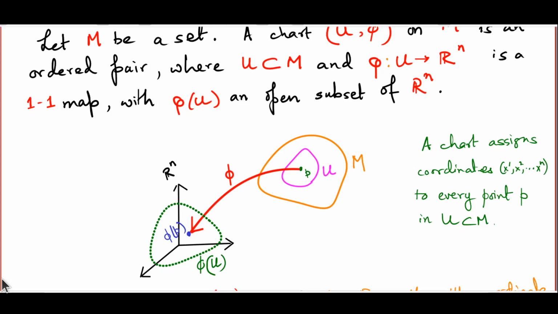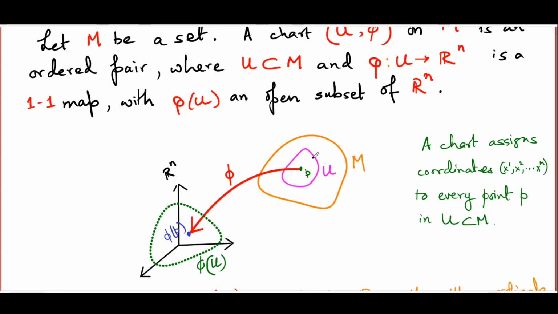So here goes. I've depicted this set M by this region bounded by this orange curve. The subset U is a region bounded by this magenta curve. Of course, in some situations U could be the whole of M, but usually it is a proper subset, as we have depicted in this case.